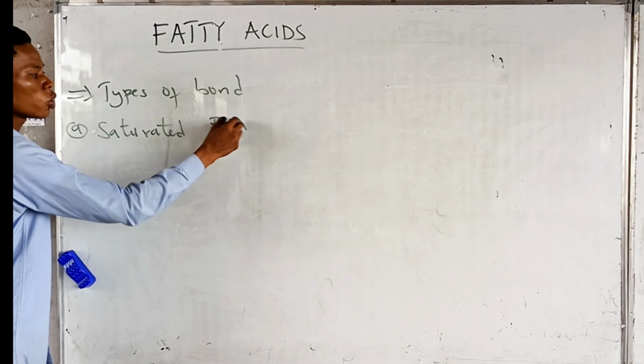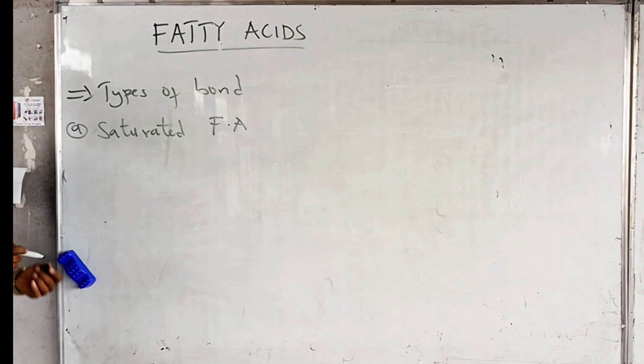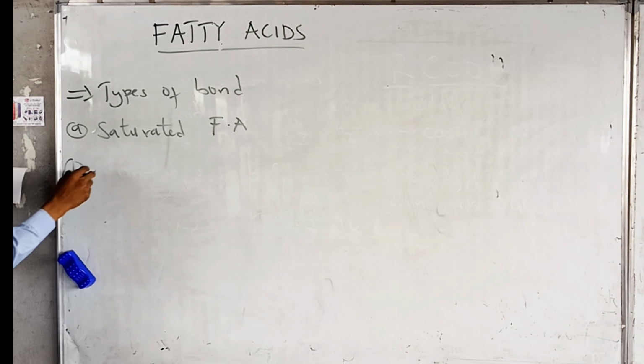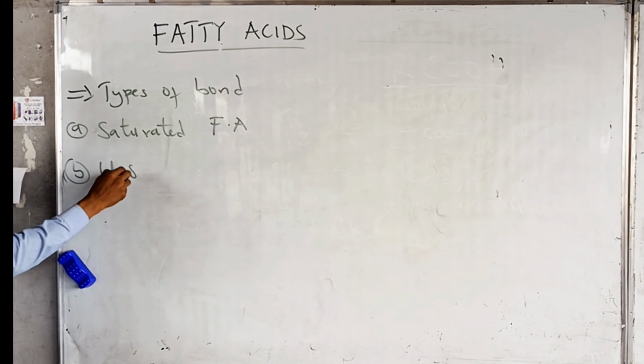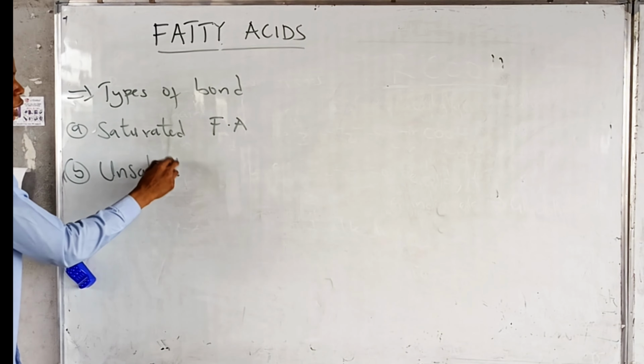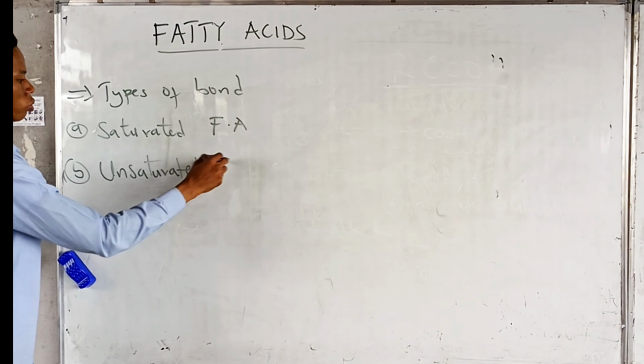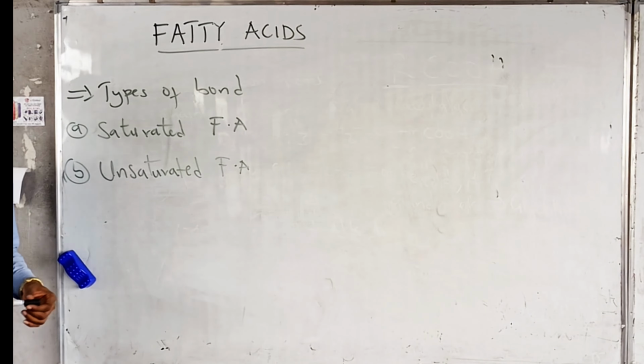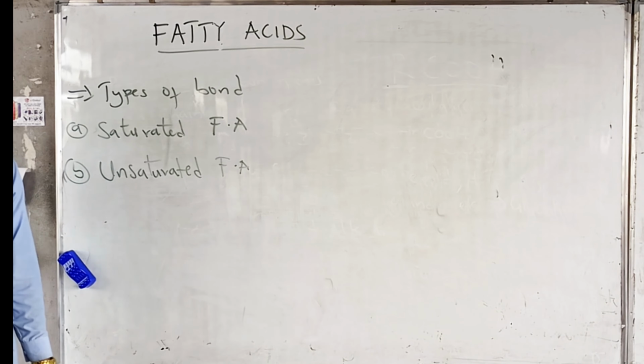Please, I beg you to listen up here because this will form the backbone of other things we are going to be doing. We have saturated fatty acid and what? Unsaturated fatty acid. All right, I'll give you the notes. We have saturated fatty acid and unsaturated fatty acid.